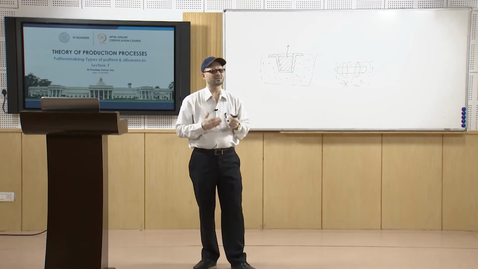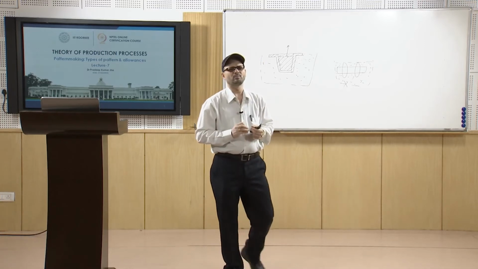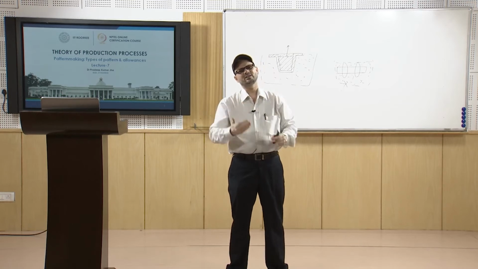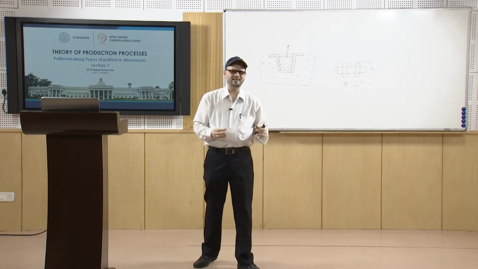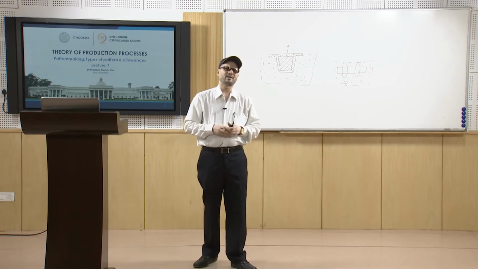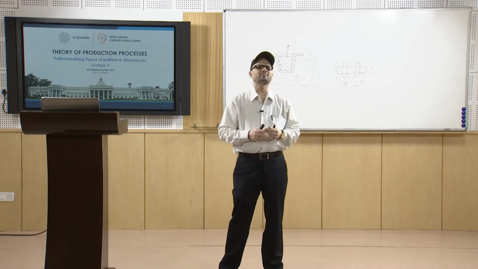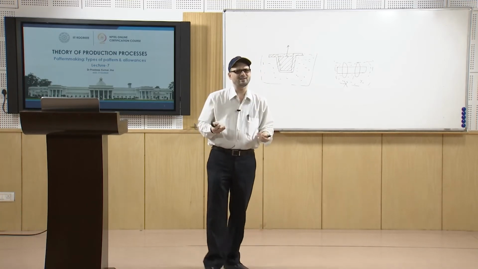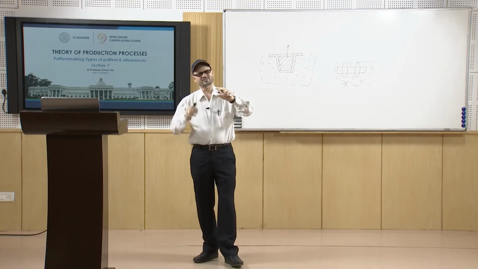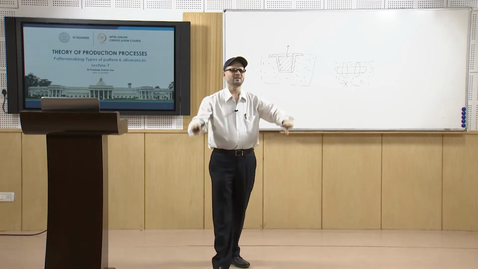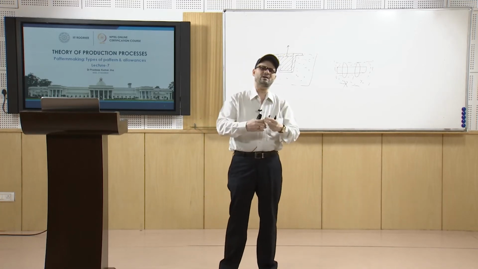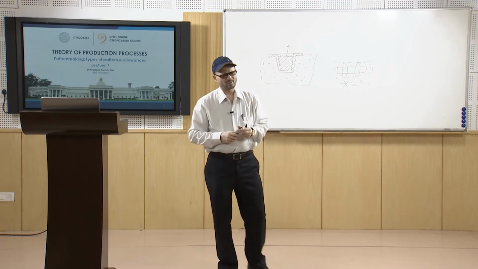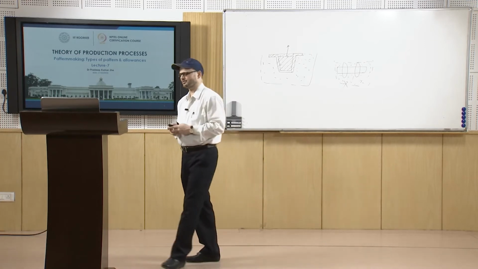So it is normally suitable for smaller components, where you can just invert it and use it for the drag part, and then combine them and have the cavity prepared. It is similar to cope and drag, but here only one match plate is there, and on both sides you have the drag part as well as the cope part. So this is known as match plate pattern.